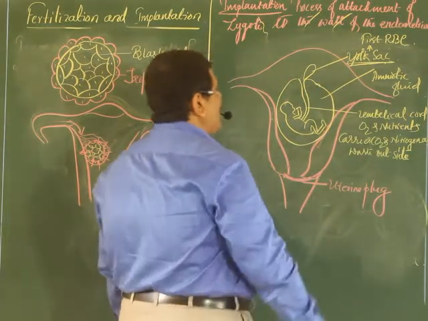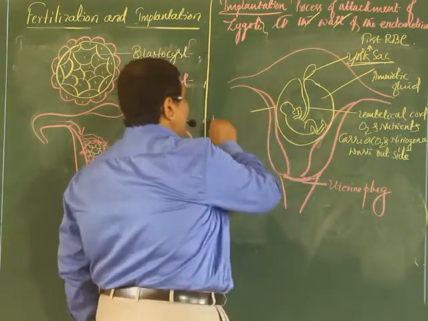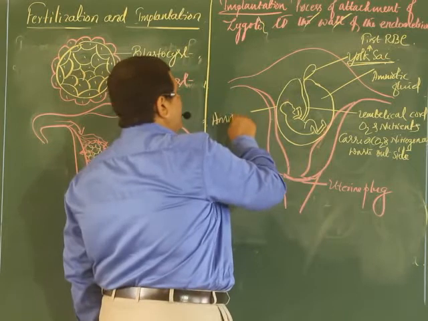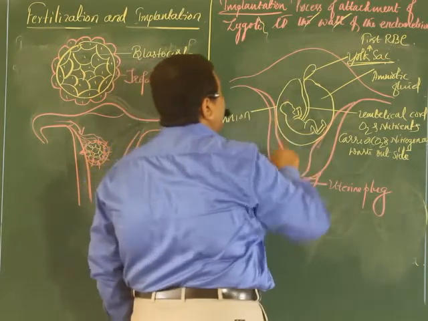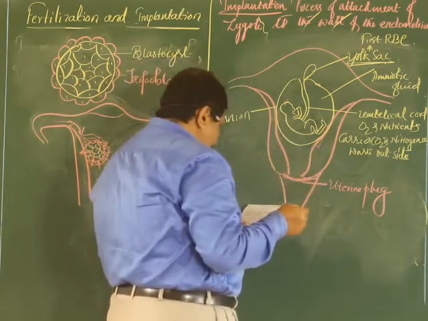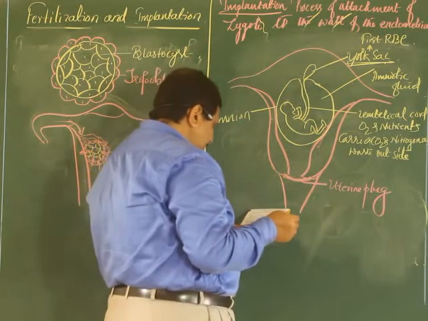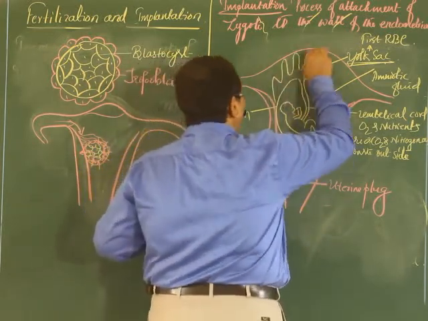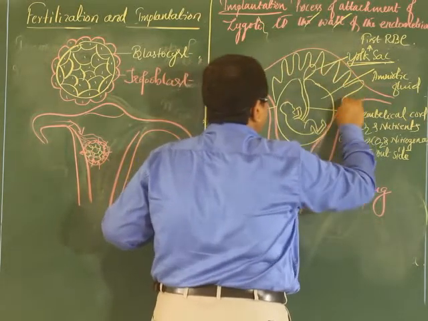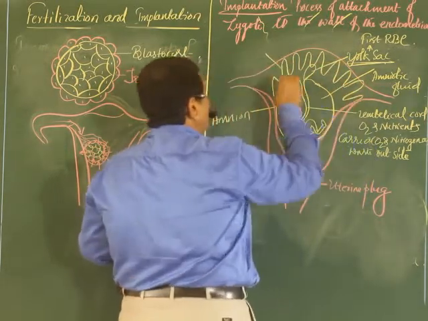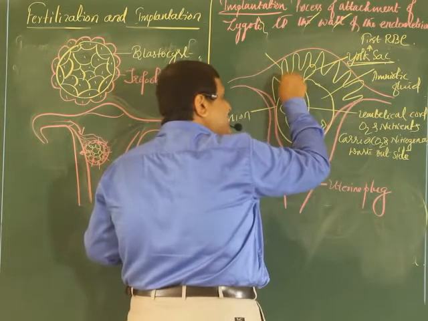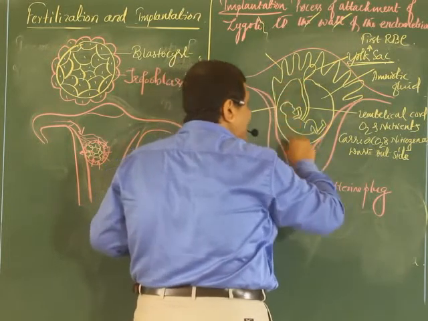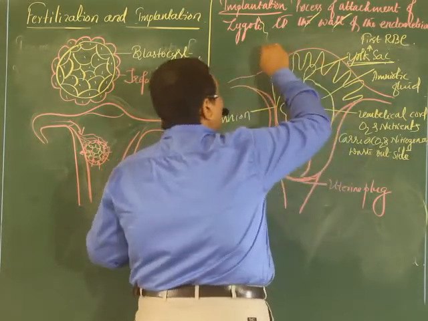So, amnion, this is the amniotic layer, then yolk sac, and then there is another layer called the chorionic layer. It is hook-like, and this helps to fix the entire placenta to the wall of the endometrium.